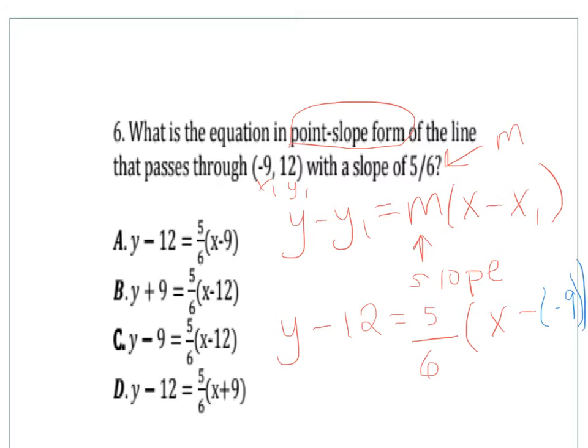Okay, these two negatives become a positive, so now you get y minus 12 equals 5 over 6 times x plus 9.